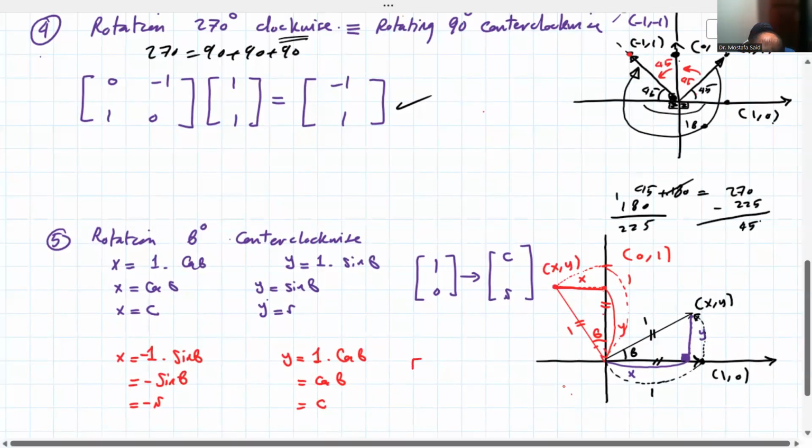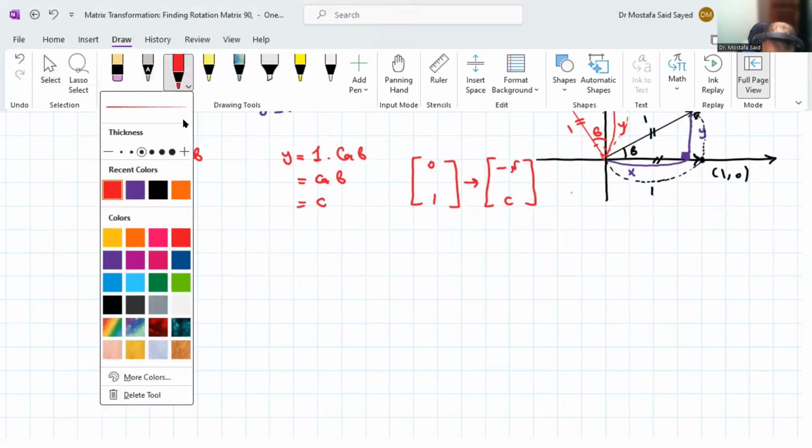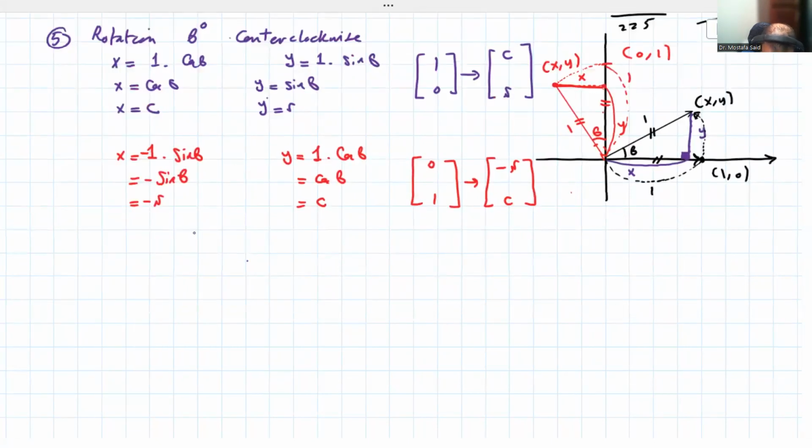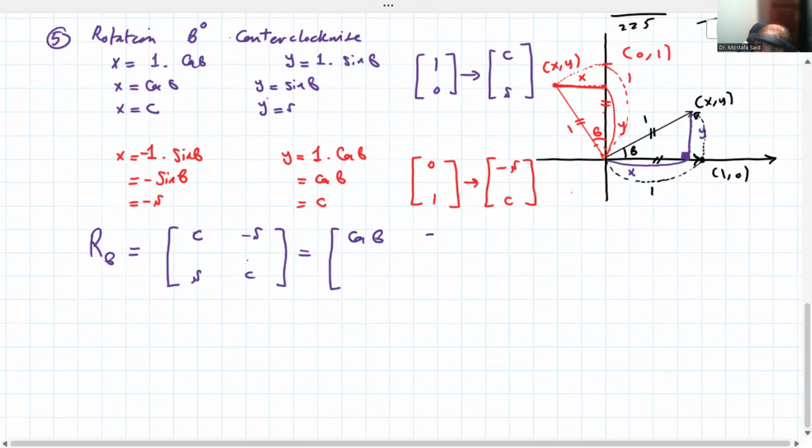So the 0, 1 has rotated to minus S and C. Now, the moment of truth, or the conclusion: the rotation matrix with angle theta is equal to C, S, minus S, C, or you can write it completely: cosine theta, minus sine theta, sine theta, cosine theta.